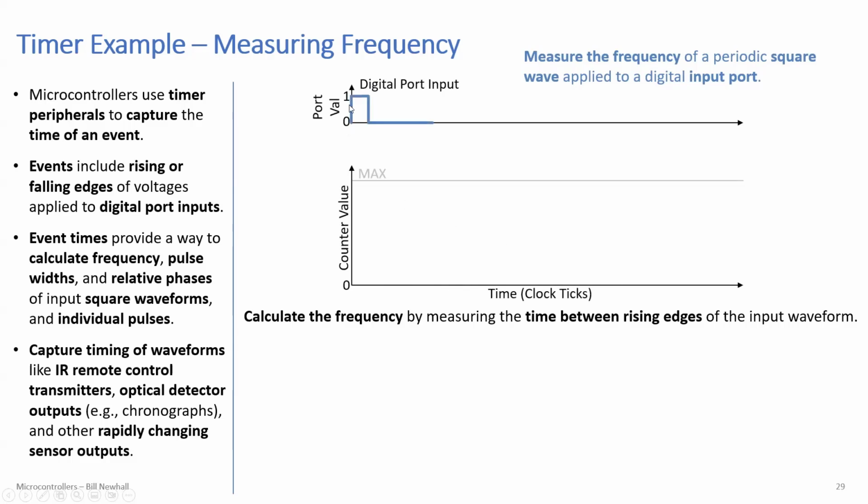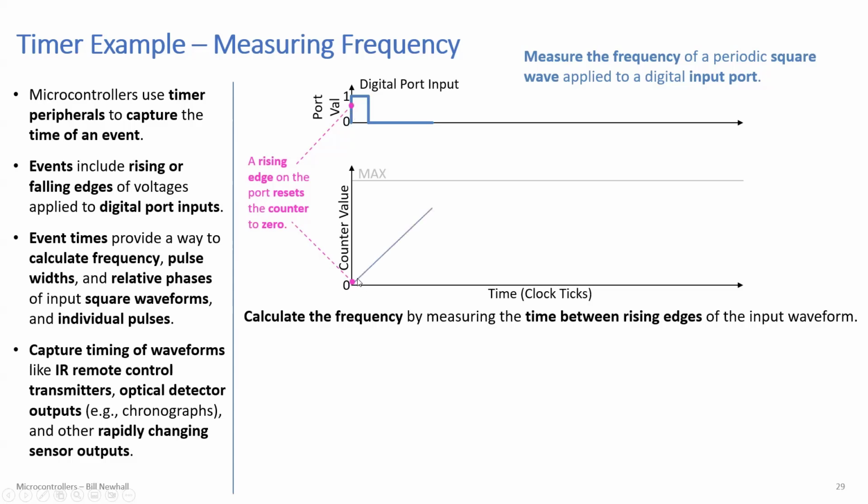Okay, so let's say this pulse is applied to the digital port input. That rising edge is going to reset the counter to 0. So I have to configure the timer peripheral to do this, but I'm going to set it up so that that rising edge resets the counter to 0 based on the input.